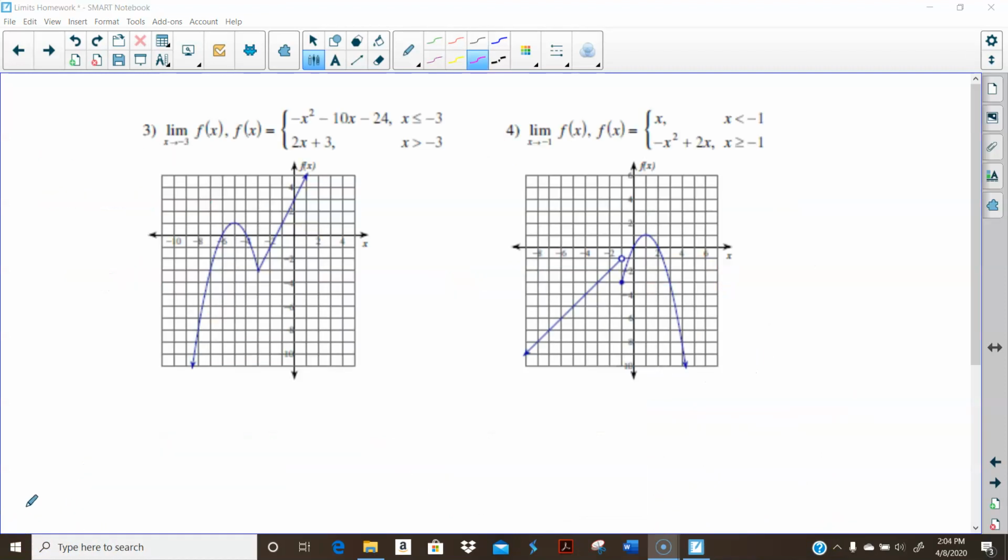On 3 and 4, I'm simply going to use the graphs because they are given to find the limit. The limit as x approaches -3. There's no little plus or minus, so I'm approaching -3 from the left and the right side. From the left side, I'm coming in to -3, and from the right side, I'm coming in to -3.